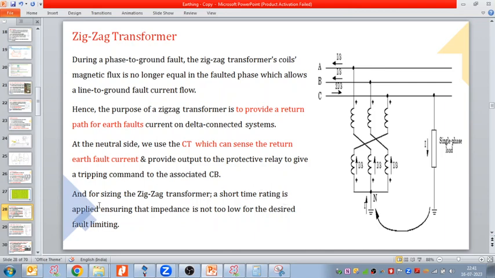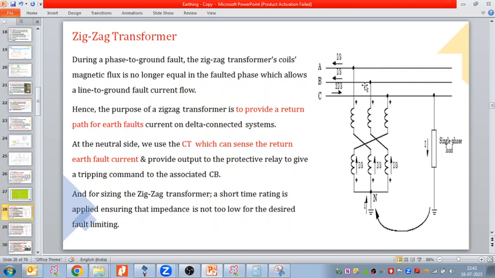Short time rating is applied, ensuring that impedance is not too low for the desired fault limiting. Our resistance should not be too low for the desired fault limiting. We have the transformer, that is why the resistance word we are indicating by the impedance word, right?